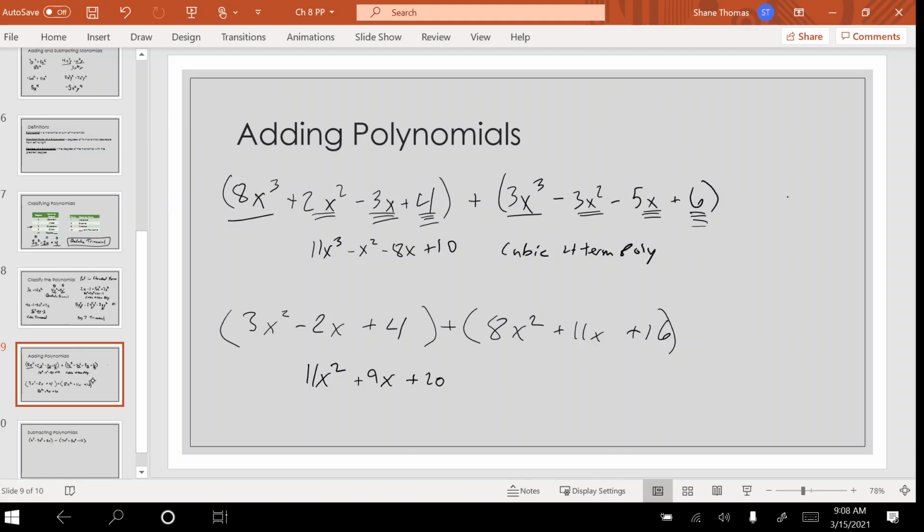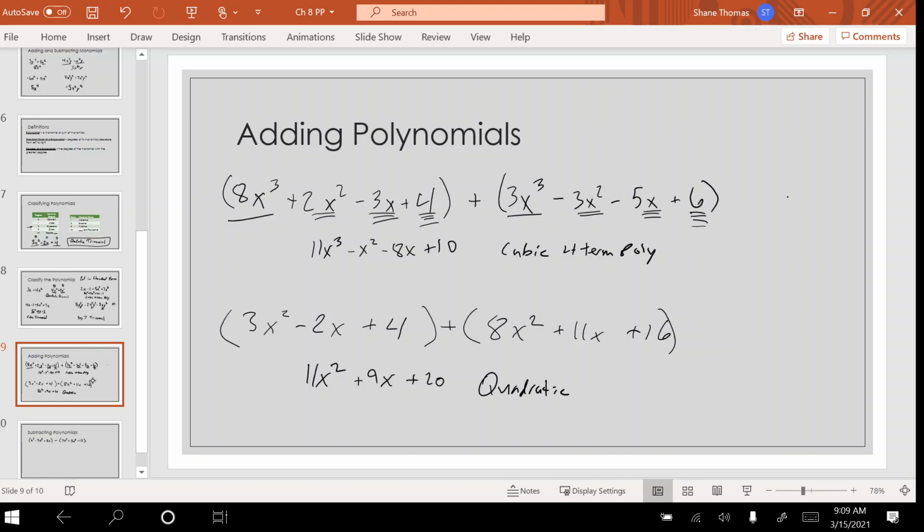SB, what degree is it? What's your biggest exponent? So what's the degree? The first one. Okay, we have a quadratic.